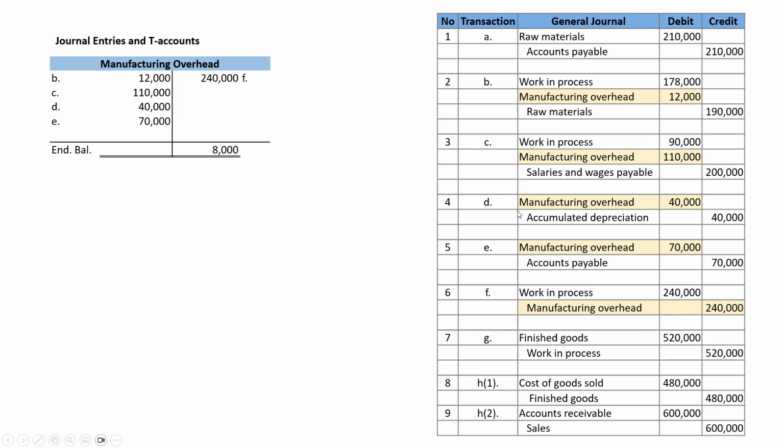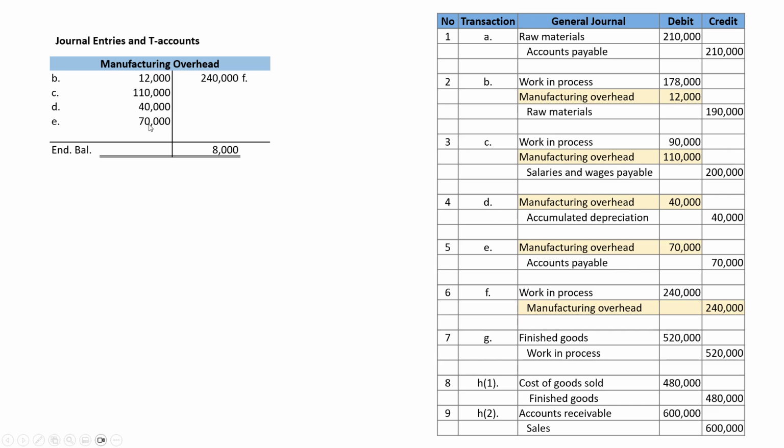The credit is still the same, but the debit changes depending upon whether it's related to manufacturing. So it'd be part of manufacturing overhead if it was factory related. It would only still be depreciation expense if it wasn't manufacturing related and it was related to selling and administration.